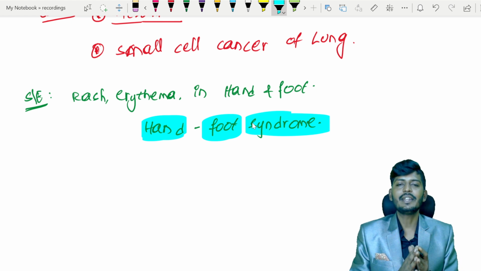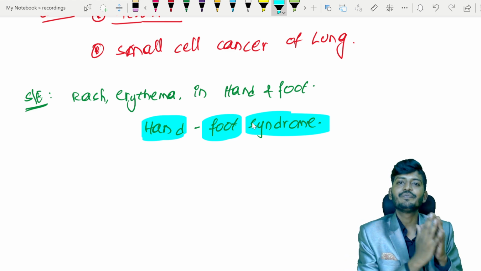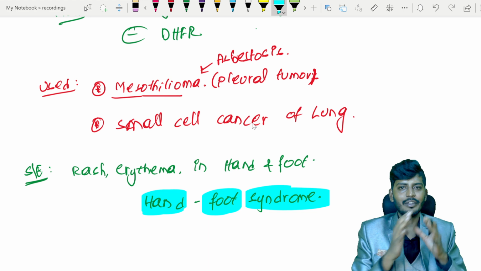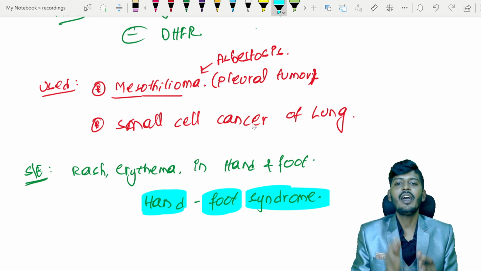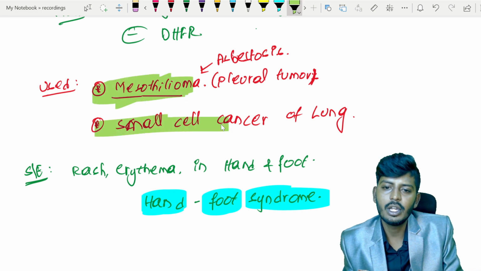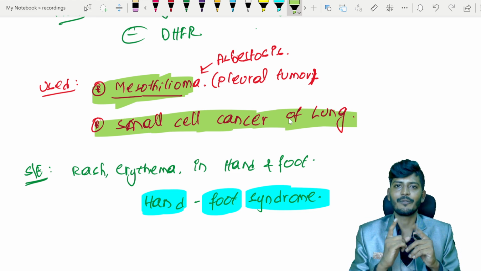So this is the complete story of the biochemistry as well as the pharmacology aspect of folic acid, methotrexate and Pemetrexate. Pemetrexate is a newer congener. The two important uses, very important potential MCQ, are mesothelioma and small cell cancer of the lung. So this is the complete aspect of folic acid versus methotrexate. Keep following for more. Thank you.